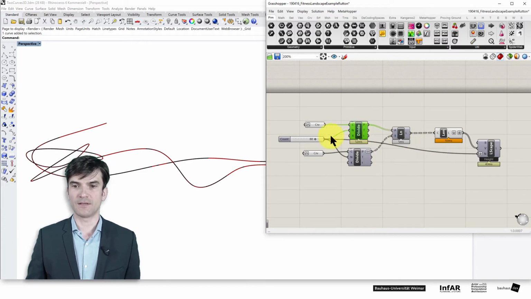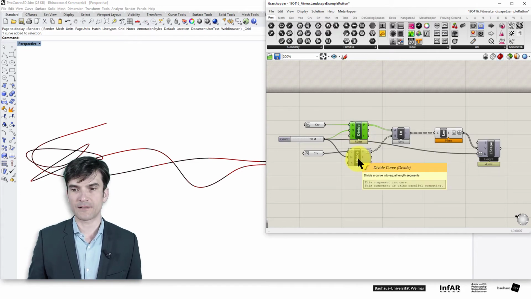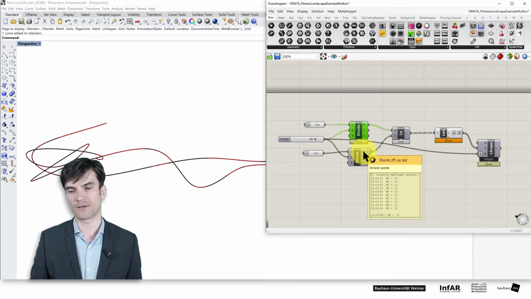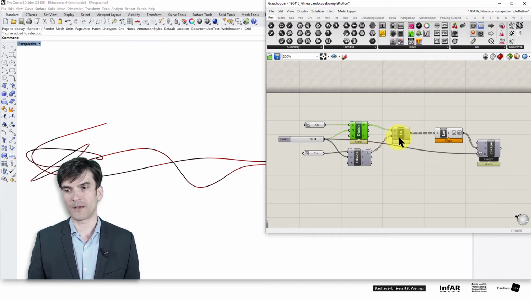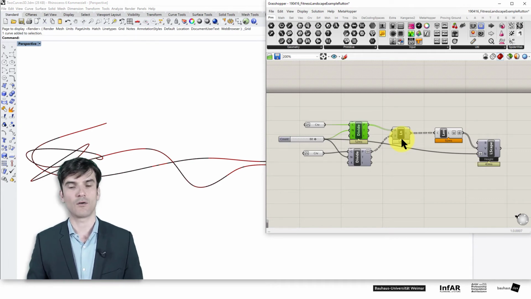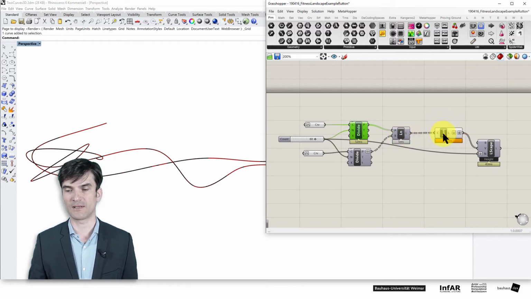We have 80 points per line that we create, and for one of the lines, the points we create, we graft them into a tree, so we can draw lines from each point of line A to all the other points of line B. So a pairwise measurement of the length of these lines.